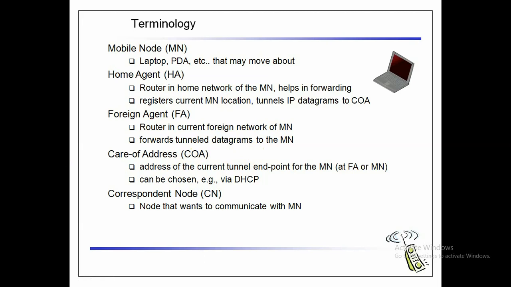The foreign agent can have a COA, the current COA. The foreign agent can also provide security services because it belongs to the foreign network, as opposed to the mobile nodes.